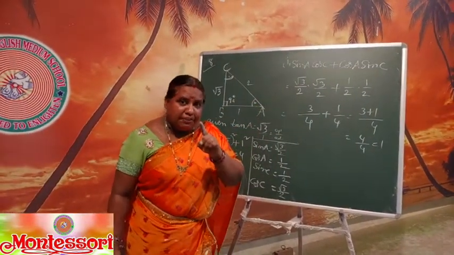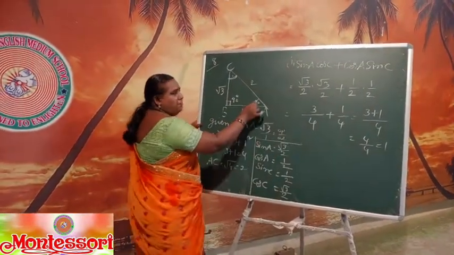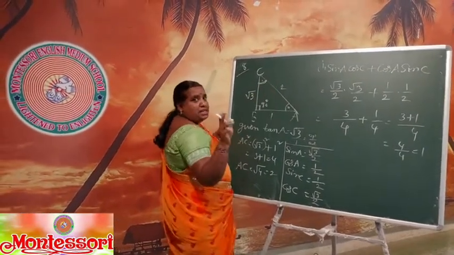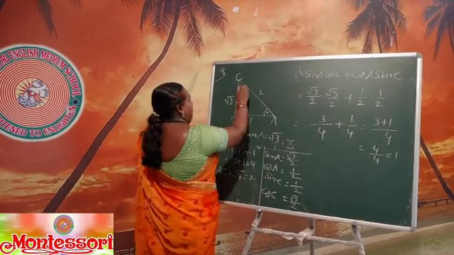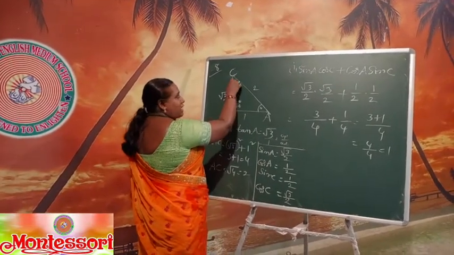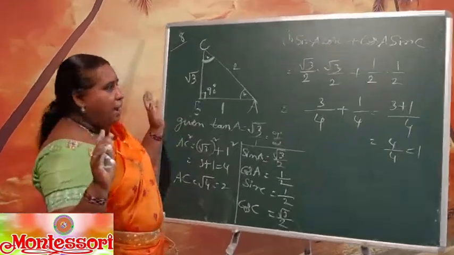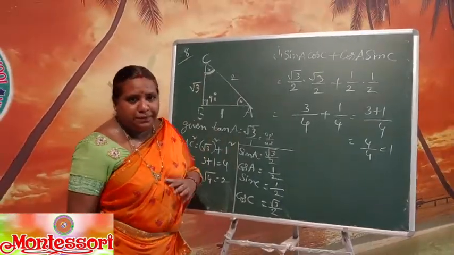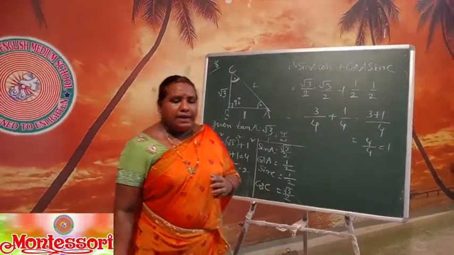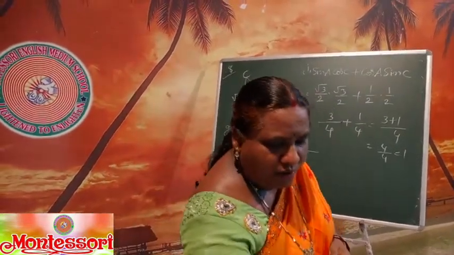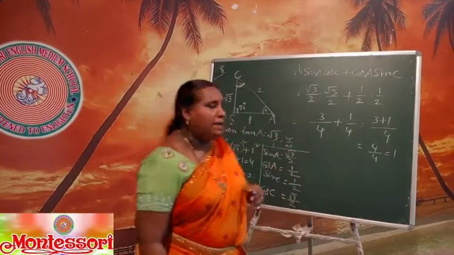Children, you have to be very careful. When you are finding the value of A, you have to focus on A and its opposite side and hypotenuse. When you are finding the value of C, this is the angle now, and for this the opposite side is this. If you keep that little observation, this will be easy for you. I hope you understood. And you do this sixth sum as homework. It is like example 2.